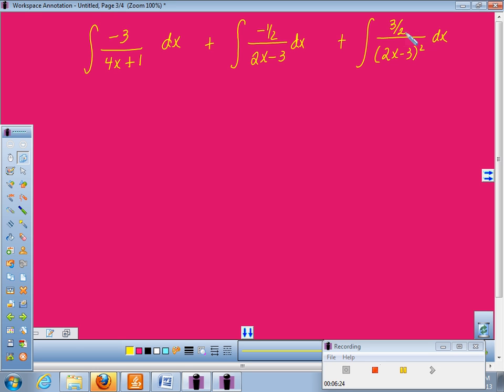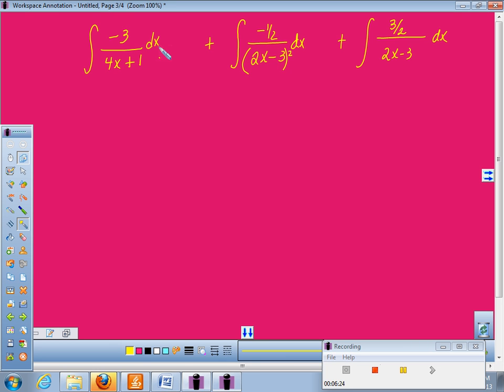So what do you think I'm going to do on this first one? You're going to use u substitution. But one little tiny thing am I going to have to watch out for here? Because you really could shortcut it. You should be seeing a natural log coming at you. If you sub the bottom, 4x plus 1, you're going to get du is 4 dx.